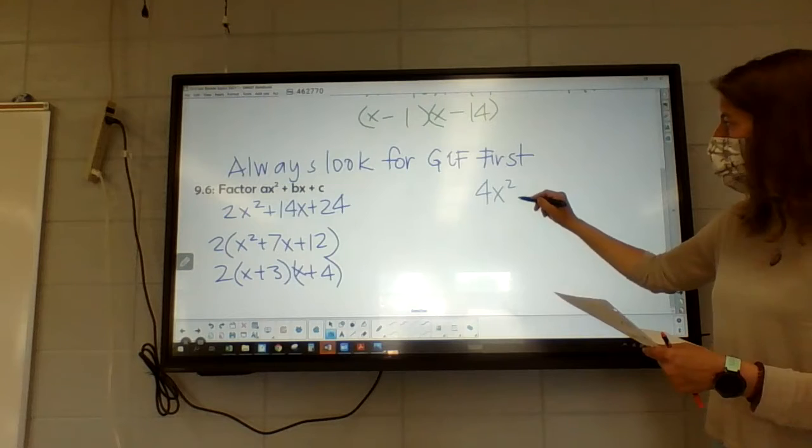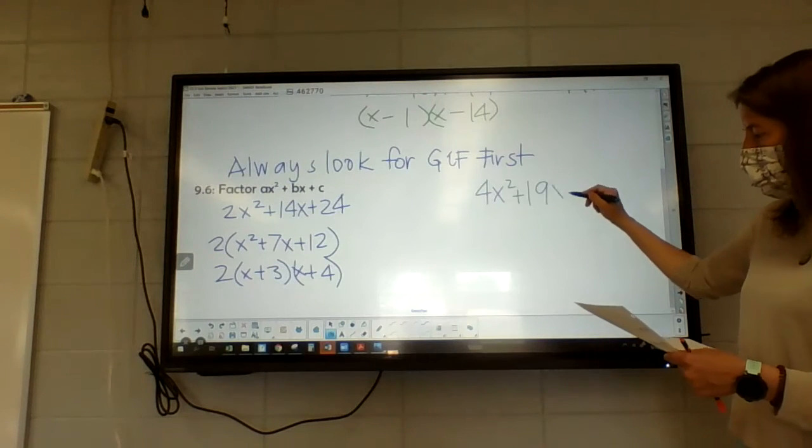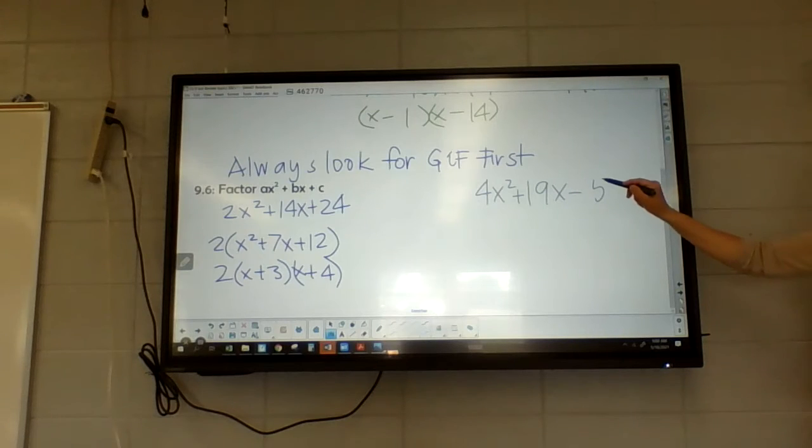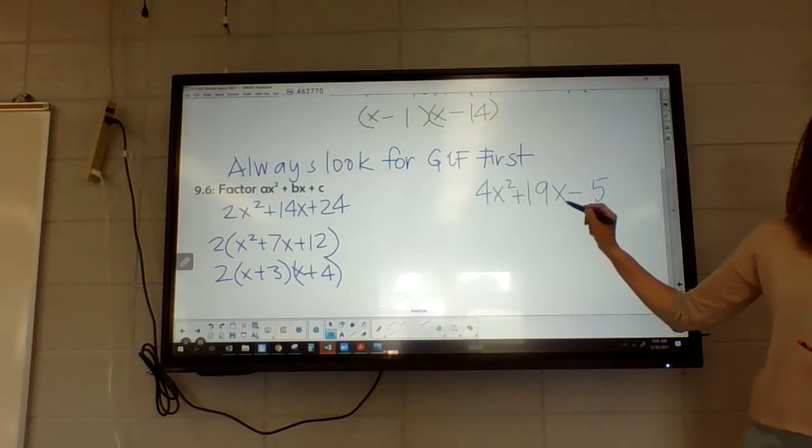Now this is the other type like this. Now does this one have a GCF? No, this one doesn't have a GCF. So this one we can't pull anything out. So that should be a 19.